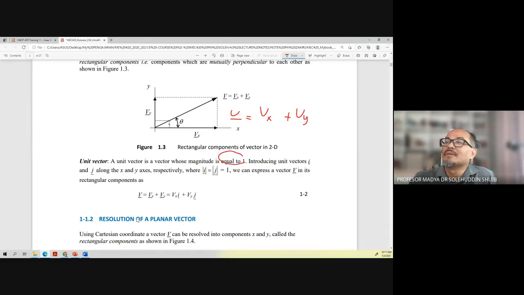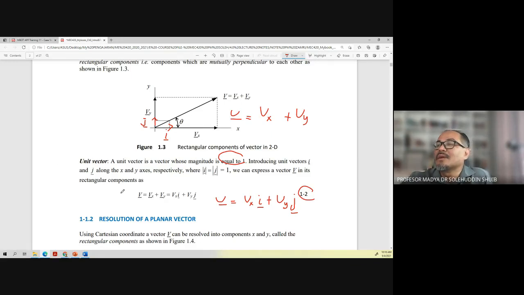So for this one, this is I, this is J. Okay, we have done this one in statics before, so we can write here, and to get the velocity, you can write in terms of unit vector Vx I, and then plus Vy J. Okay, this is equation 1.2.